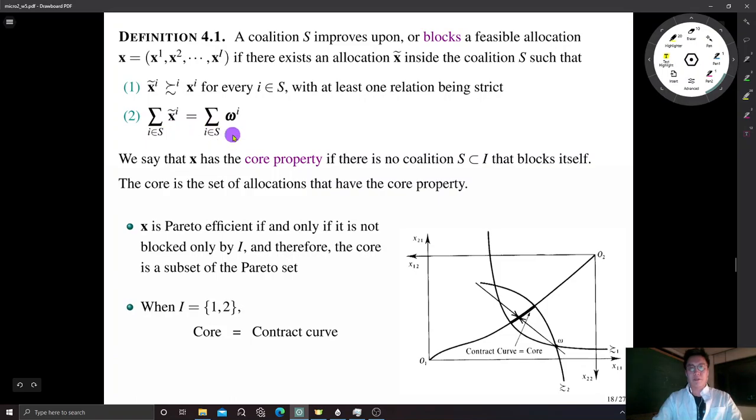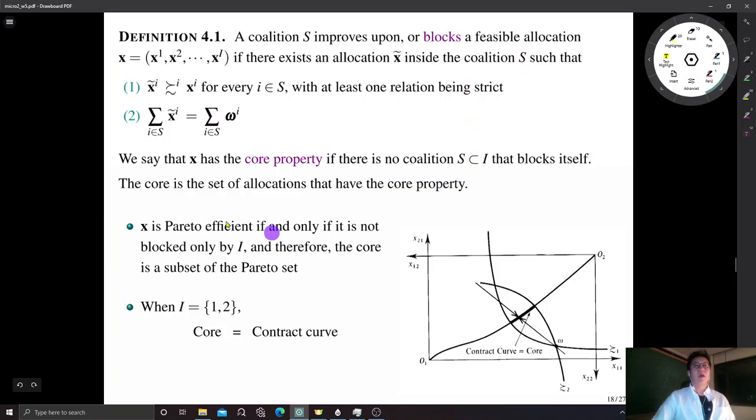So it should be feasible. All right. So if there exists such an allocation X tilde inside the coalition, then we say coalition S improves upon, or blocks, the feasible allocation X. So X will be dominated by X tilde, and X tilde is feasible by making coalition S.